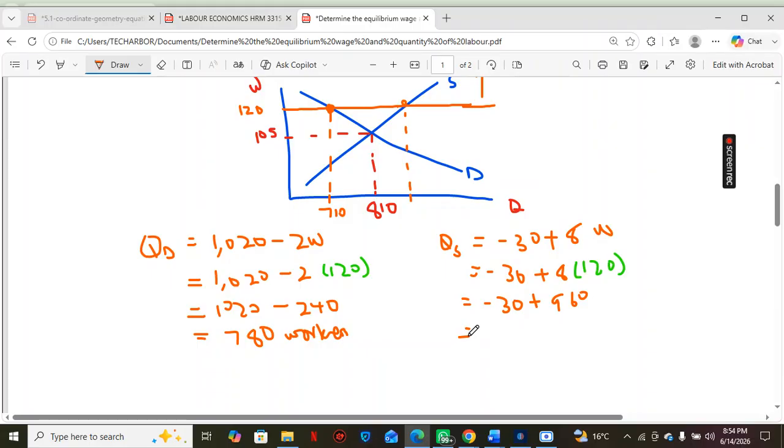Negative 30 plus 960 is 930 workers. The number of workers who want to work is now 930.